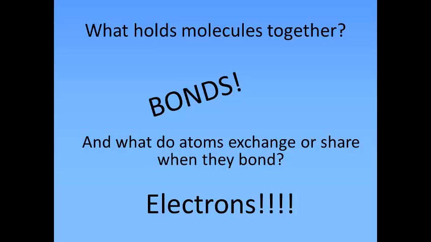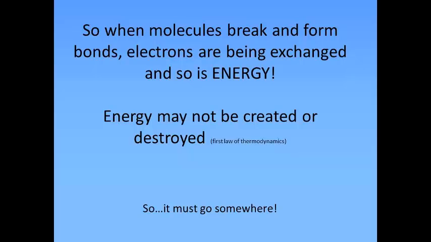And the same is true of molecules. It's all about the chemical bonding and the electrons. So when molecules break and form bonds, electrons are being exchanged, and electrons are energy, so energy is being exchanged. And energy cannot be created or destroyed according to the first law of thermodynamics, so that energy must be going somewhere.